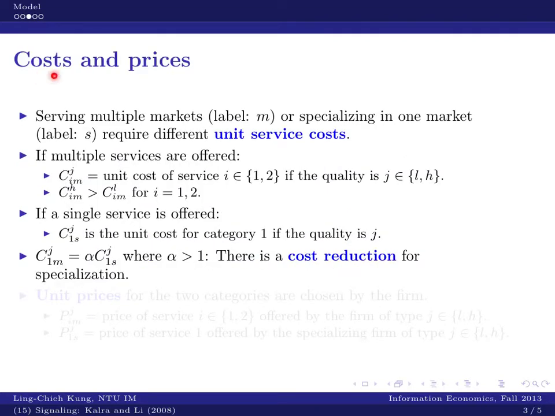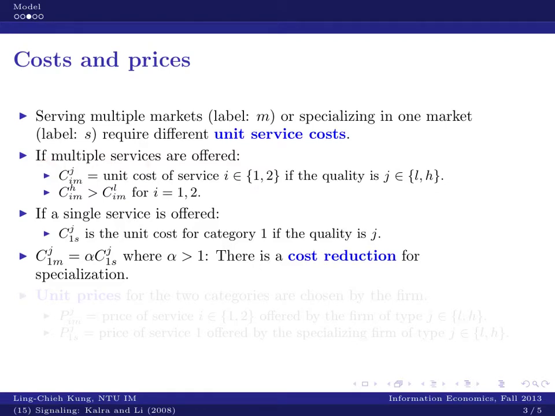Now, there are some costs and prices that we need to specify. If we want to serve both markets, we're going to use M as the label. Or if we want to specialize in one market, we're going to call it a situation S. In either case, we need to pay service costs for our services. Suppose we do multiple services.